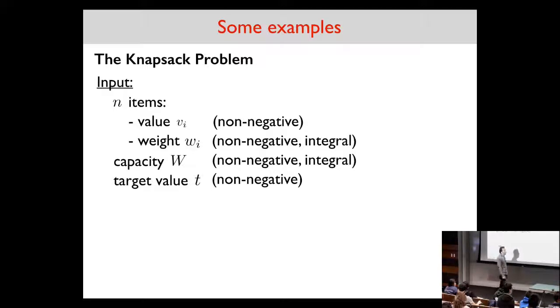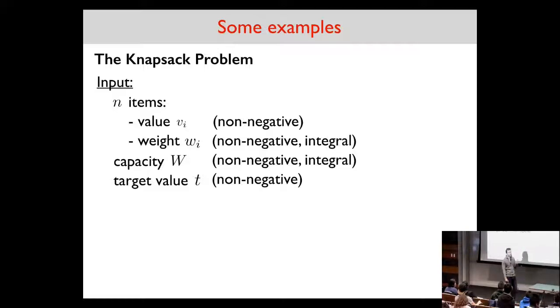So here we're given n items. Each item has some value and also some weight associated with it. They have to be non-negative integers. Don't think about that for now.